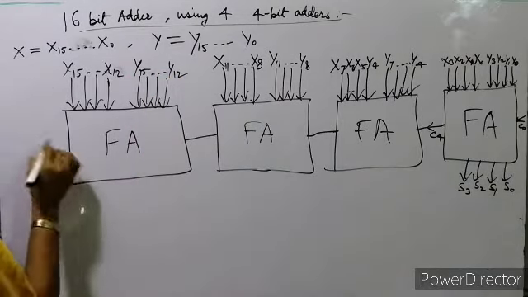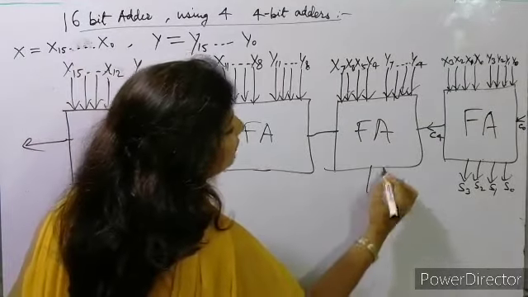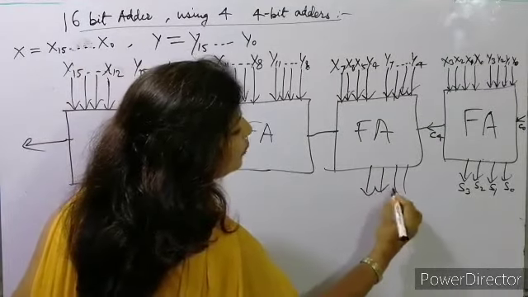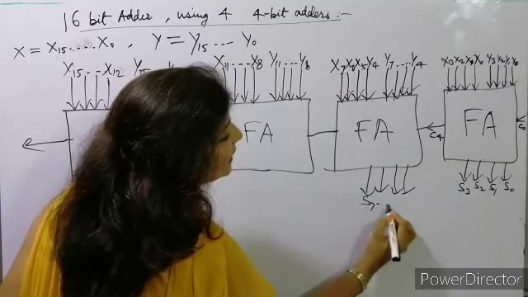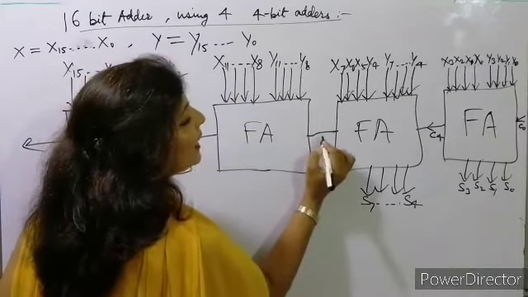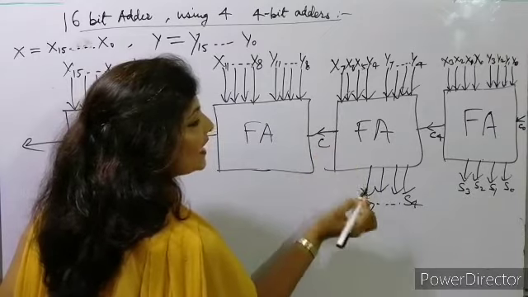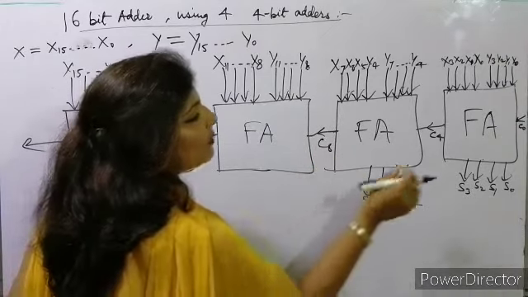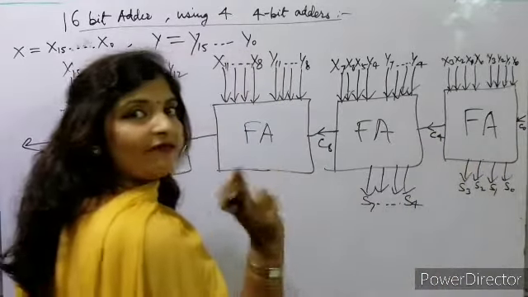Now here we are getting the outputs S7 to S4, and the C out will be C8. Because after the first 4 bits comes the 5th bit, that is C4.